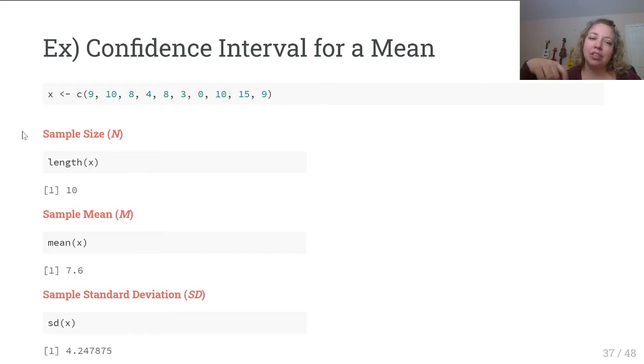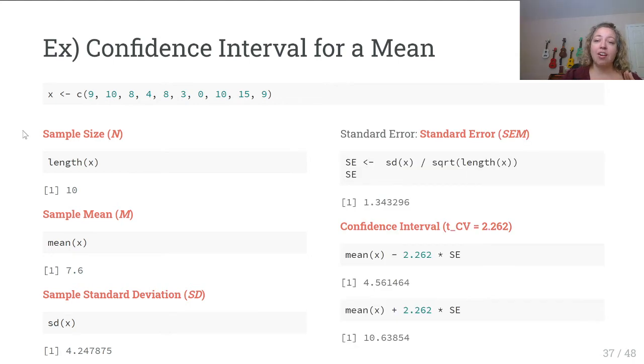Now to do the confidence interval, we're going to make it with the point estimate, average of 7.6. That's our best guess. Then we're going to plus or minus the t value we looked up in the table, 2.262, times our standard error. And our standard error is going to be the standard deviation divided by the square root of the sample size. When we put those together, we get a range of values.